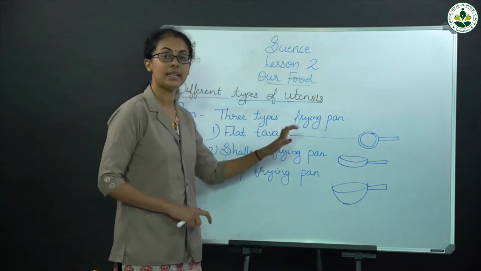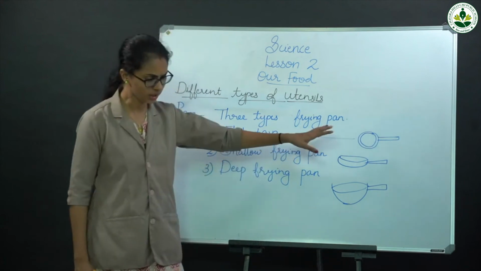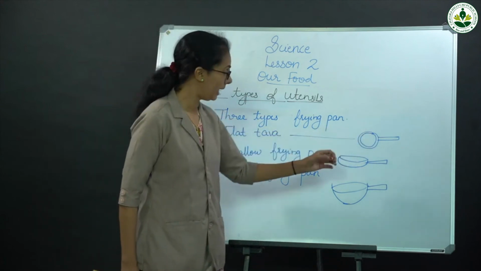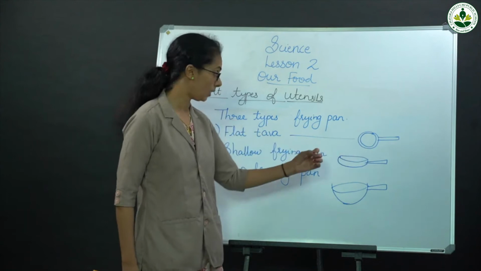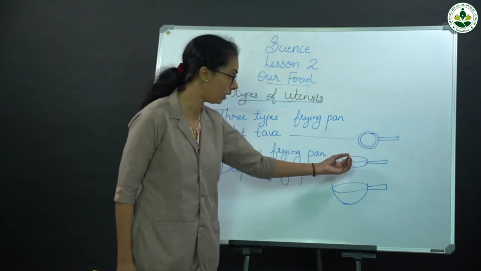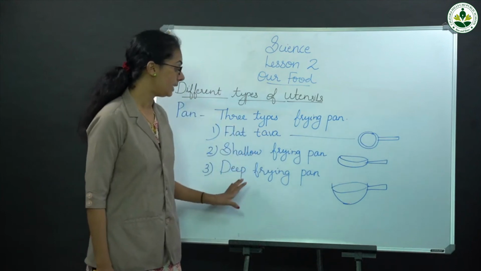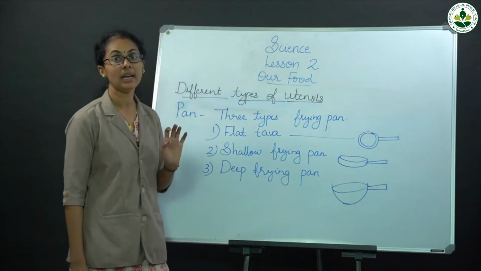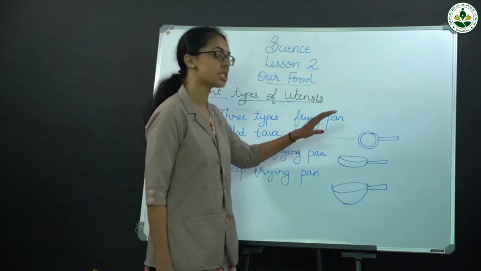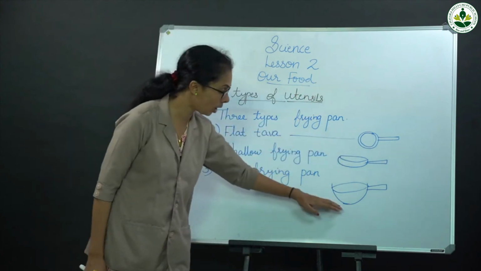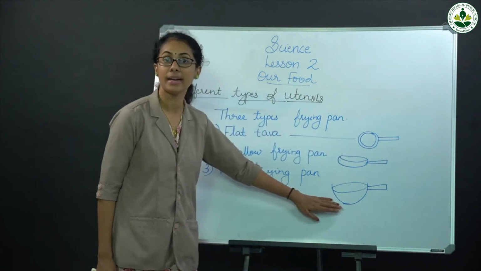The next one is the shallow frying pan. In a shallow frying pan, there is only a little depth, so only a little oil is used for cooking. The next one is the deep frying pan. Compared to the shallow frying pan, the depth of the deep frying pan is more.